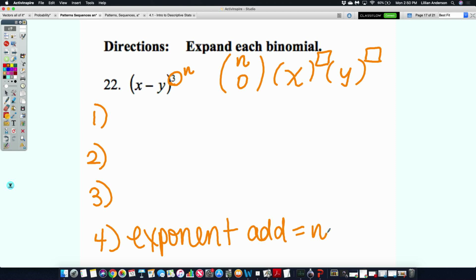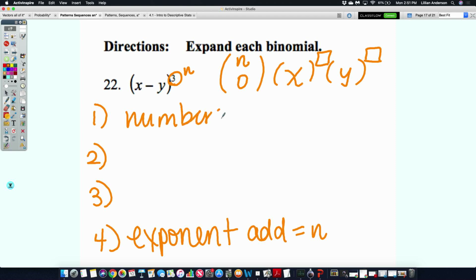Okay, what else was special when you expanded binomials? The largest exponent of a variable was 1 less than that. Wait, is it 1 more or 1 less? Isn't it something like the exponent is 1 less? I think you're on to something. Your number of terms was always what?